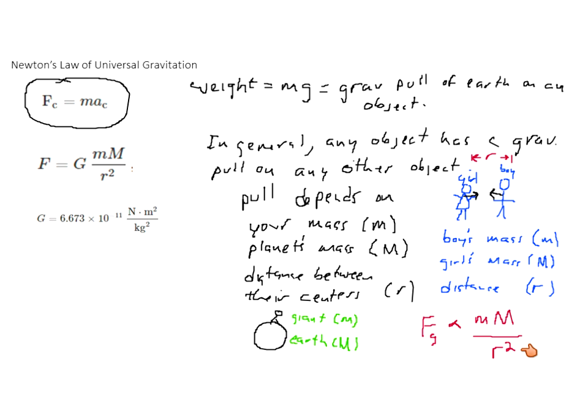If we want to turn a proportion into an equality, we need to multiply through by a constant, and not just some arbitrary constant. What we would actually need to do, if we wanted to be super precise on this, is make a graph.